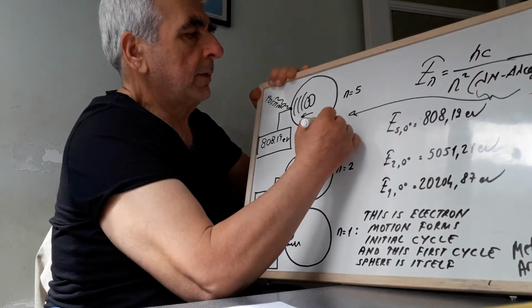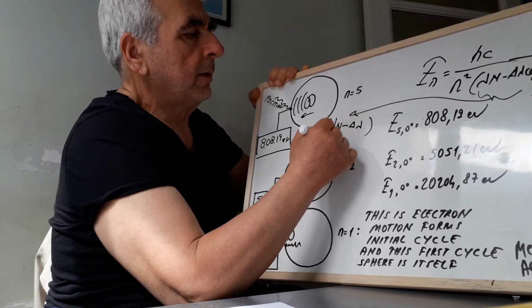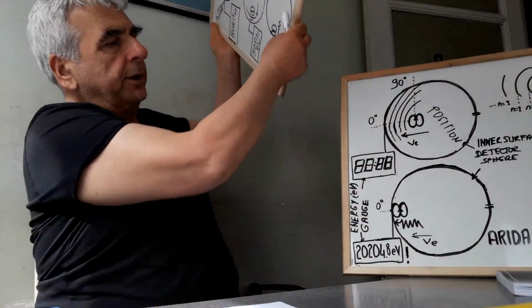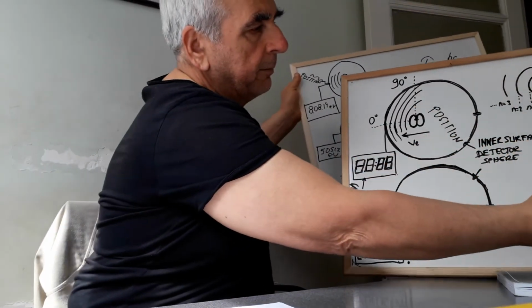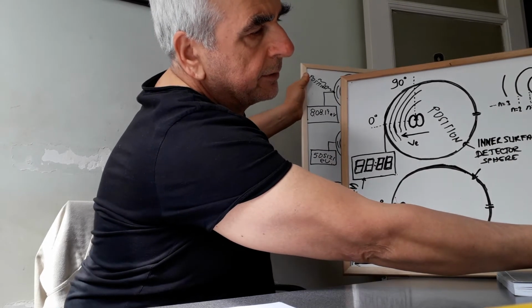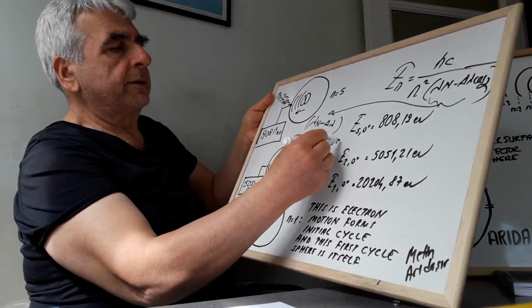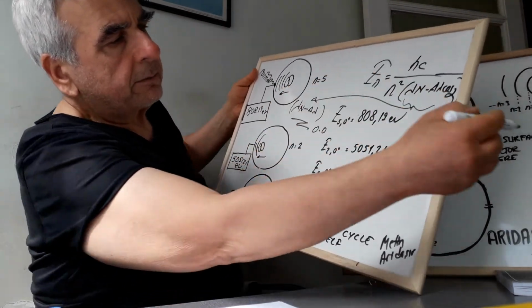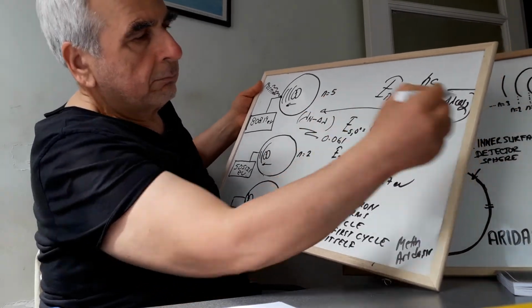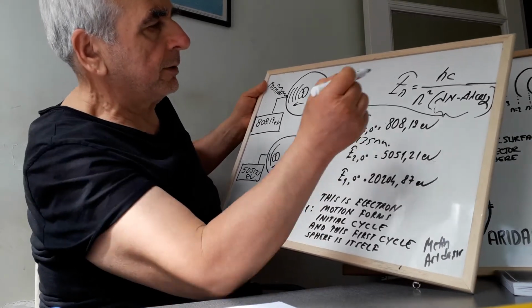Here, lambda n minus delta lambda. I computed that here. Lambda minus delta lambda is equal to 0.06135 nanometer.